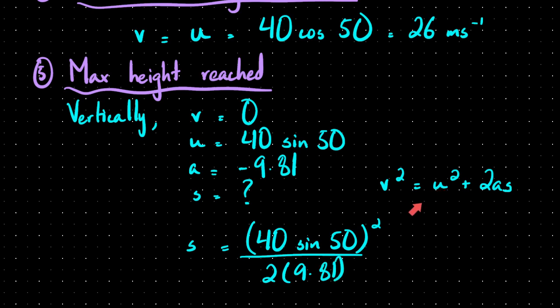When I take this there, it would also have a negative sign, so that would cancel out with the negative sign due to the acceleration, and this turns out to be 47.9, or just to 2 SF, this would be 48 meters. So this is the maximum height it reaches vertically.